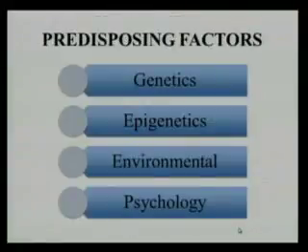What are the predisposing factors? There are multiple predisposing factors: genetics or epigenetics. Epigenetics is basically the phenotype expression. It's heritable changes, but without any changes in the DNA. So it follows a certain phenotype without changes in the DNA itself. Then environmental factors and psychological factors, and psychology mainly depends on the culture that we are growing up in, what type of food they make, and how certain diets are changing within this culture.